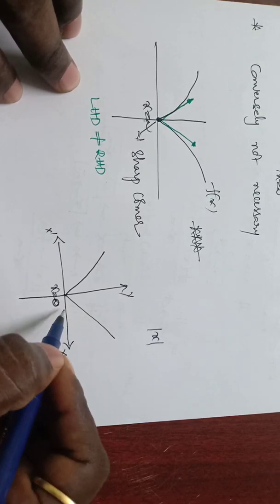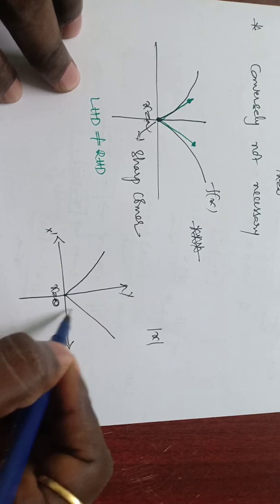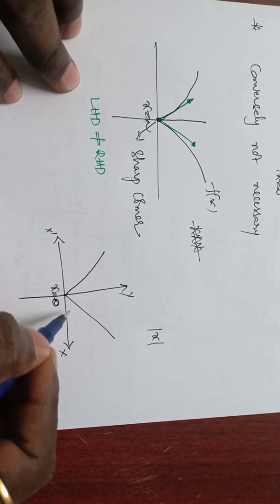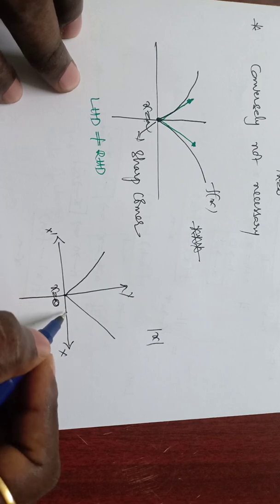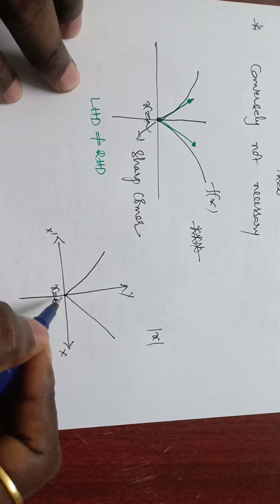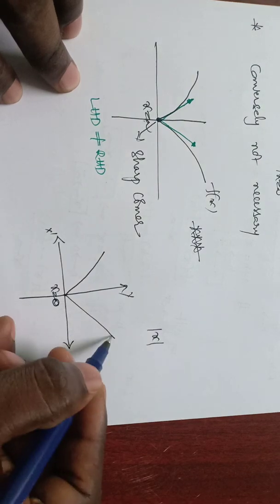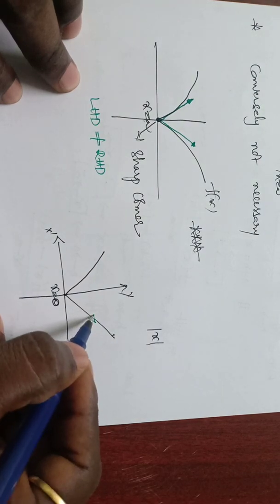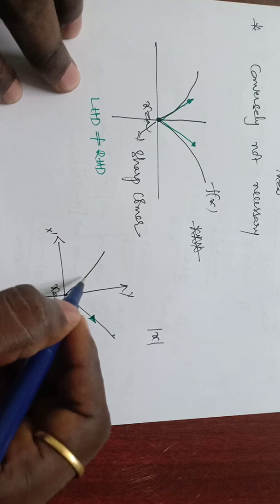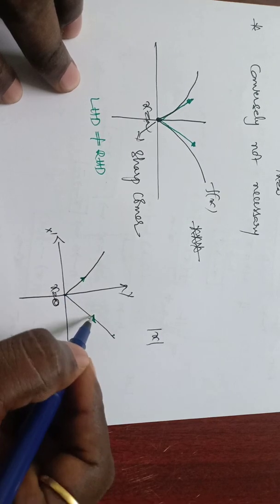It has a negative slope, and the right hand derivative has a positive slope. So this is the left hand derivative and this is the right hand derivative.